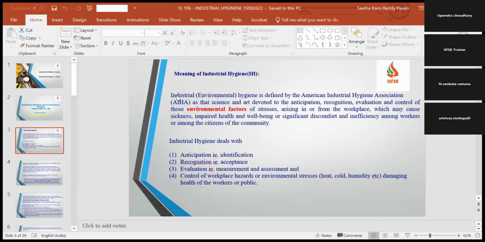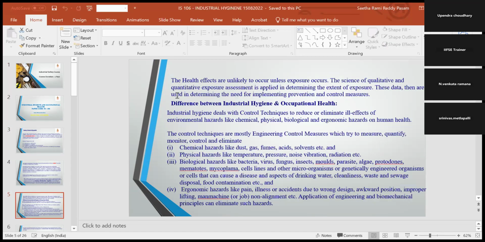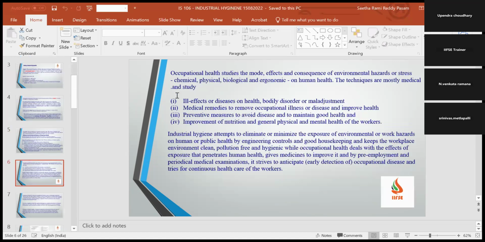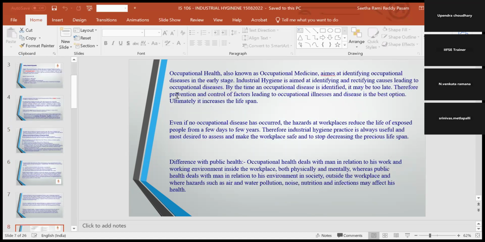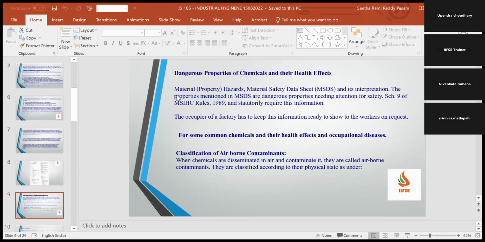We will cover what industrial hygiene means and what various topics it deals with. Then we'll cover the difference between industrial hygiene and occupational health, and some of the areas where this topic majorly has impact.